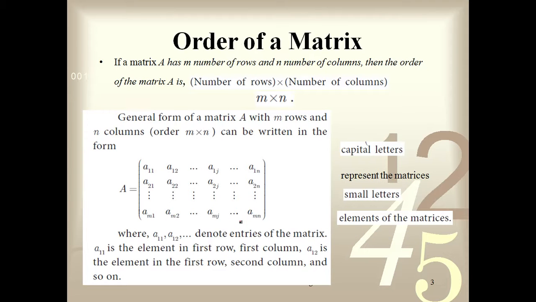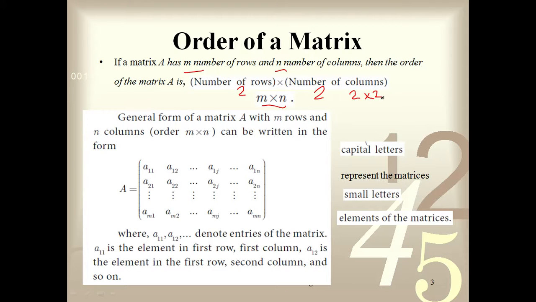Now, how to find the order of a matrix? Suppose your rows are m in number and your columns are n in number, then the order of the matrix is number of rows into number of columns, m cross n. Suppose your number of rows is 2 and your columns is also 2, which means it is 2 cross 2.